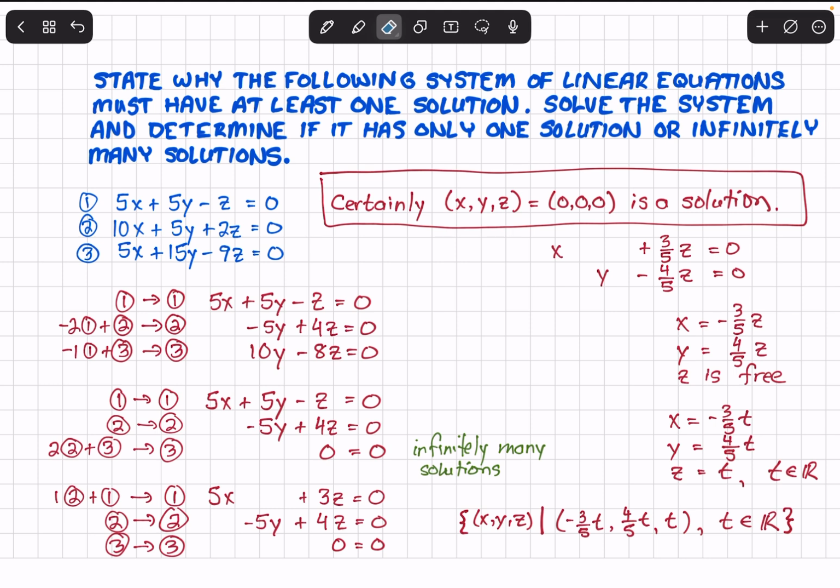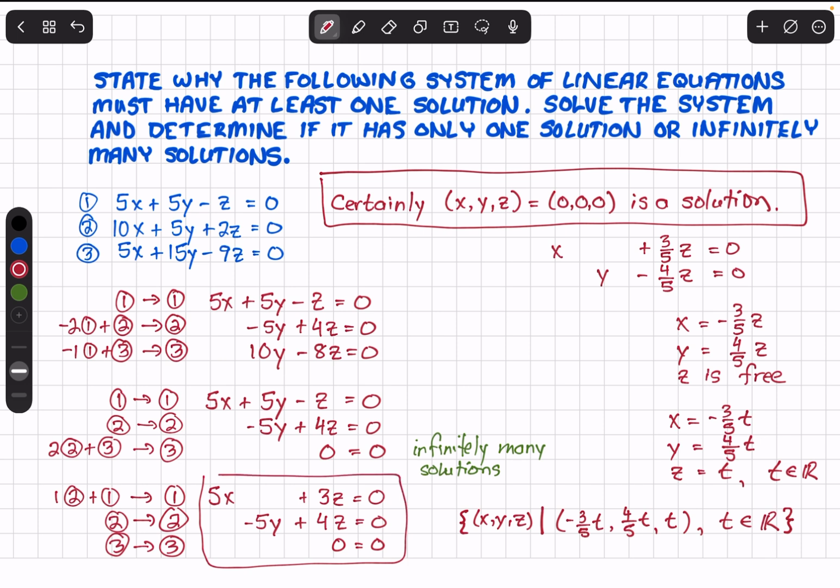Well, when I look at this box down here, these three equations, three unknowns, I see that x and y can be described in terms of z. I can divide the first equation by 5 and the second equation by minus 5.